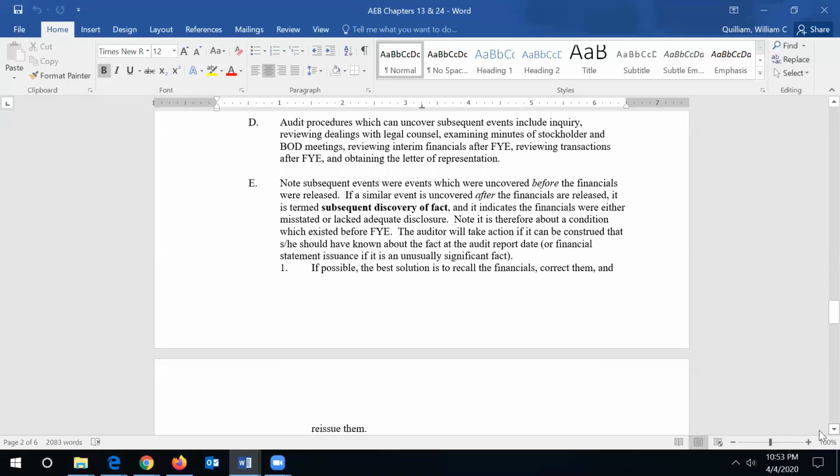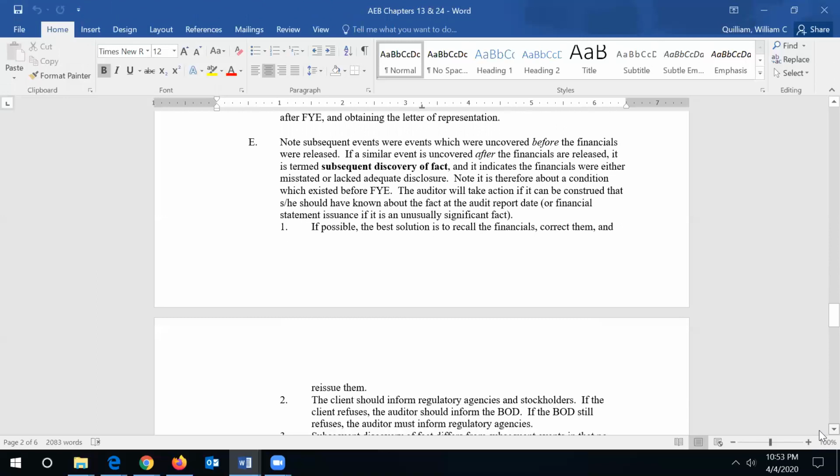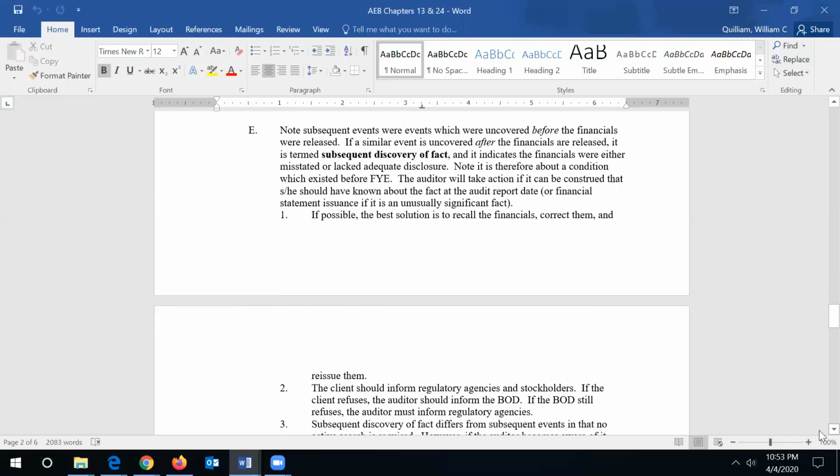And in E, we can note the subsequent events were events which were uncovered before the financials were released. But if a similar event is uncovered after the financials are released, it's termed subsequent discovery of fact and indicates the financials were either misstated or they lacked adequate disclosure. Note it is therefore about a condition which existed before fiscal year end, and it has to be something very big.